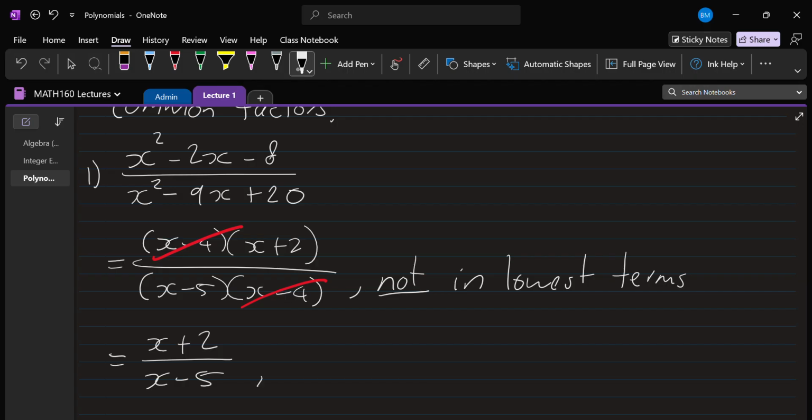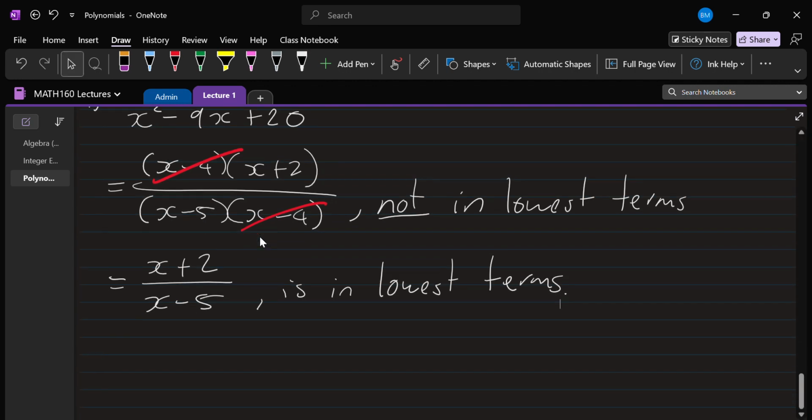So here we factorize the top. Factors of 8, we need to end up with 2, so we better use 4 and 2. So that's going to be x minus 4, x plus 2. So the minus 4 and the 2 give us the minus 2x, and the product gives us the minus 8. Okay, so that's the top done.